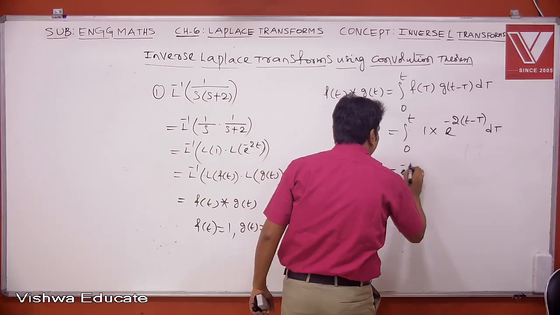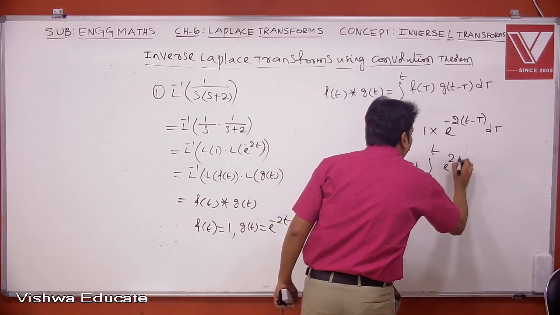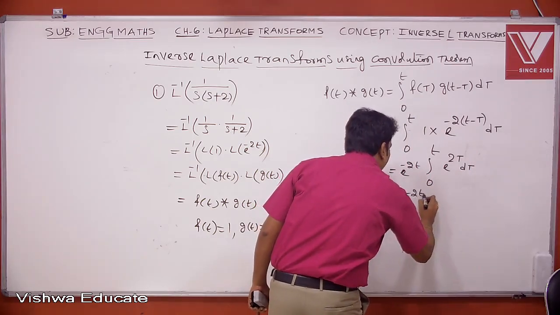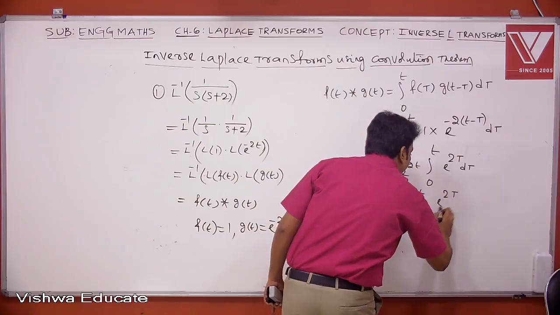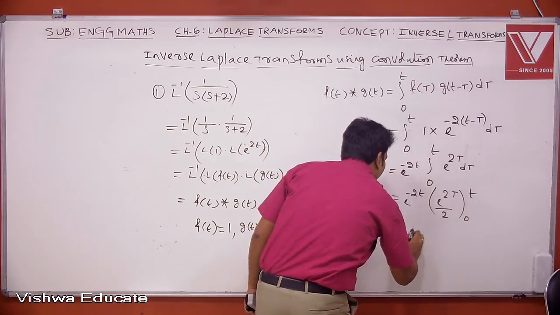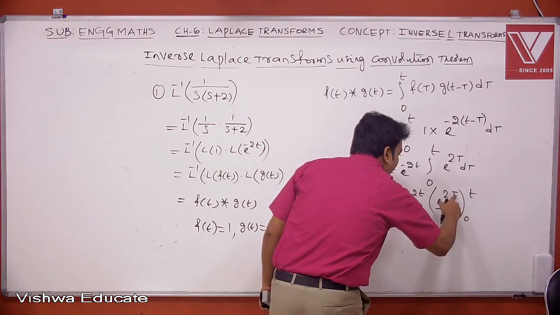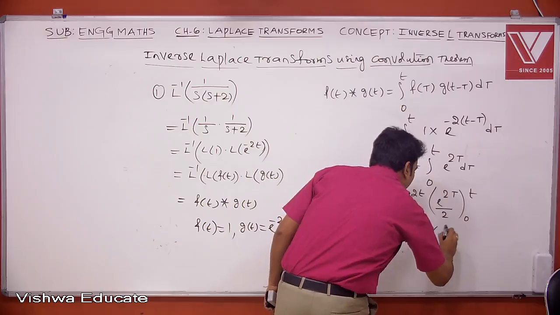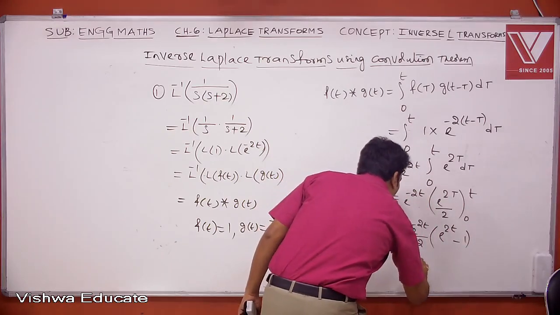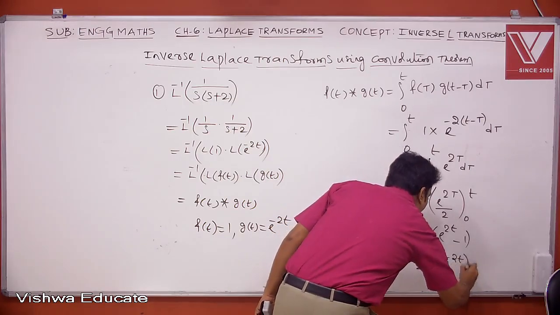So this is e power minus 2t into the integral from 0 to t of e power 2T dT. Its integral is e power 2T by 2, with limits from 0 to t. So e power minus 2t by 2 into e power 2t minus e power 0, which is 1. Therefore this is 1 by 2 into 1 minus e power minus 2t.